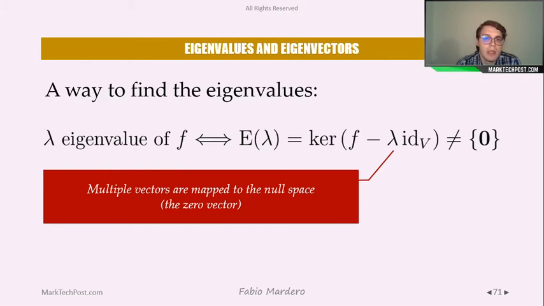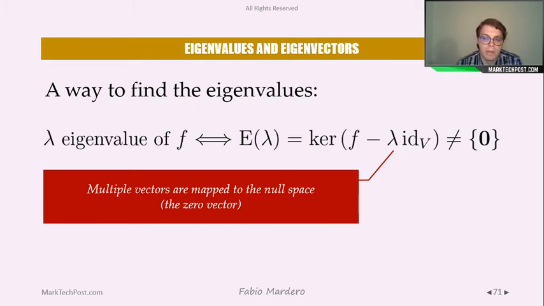We need now to find the eigenvalues, and we can say that lambda is an eigenvalue of f if and only if the eigenspace of lambda is different from the single neutral element 0, thanks to the definition of the eigenvalue. In fact, lambda is an eigenvalue if there's a vector different from 0 that satisfies the definition we've seen in the previous slides.